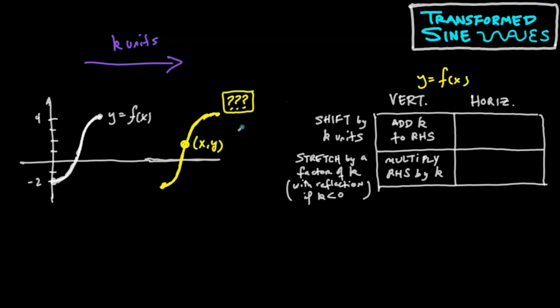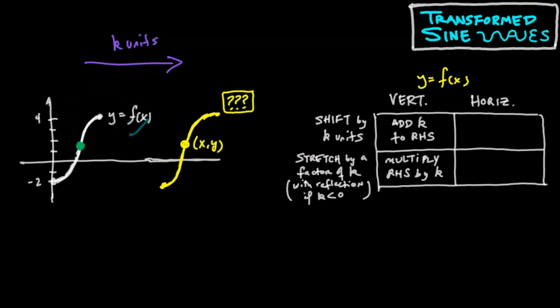That's what I'm looking for: an equation where I could take the coordinates of any point on this graph, stick it in, and get a true statement. Okay, so let's see if we can figure out such an equation. Since this point x, y lies on my shifted graph, I know that if I shift it backwards by k units, putting it on the original graph, then the coordinates of that point, that green point, would definitely satisfy this equation.